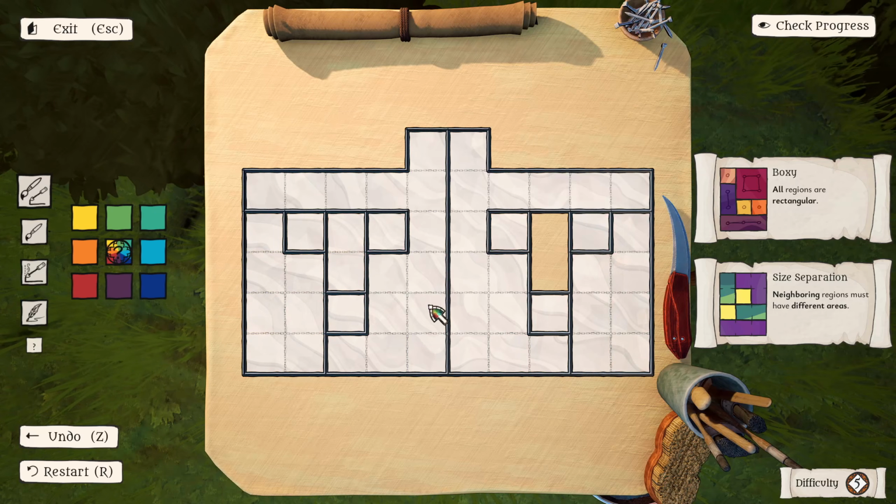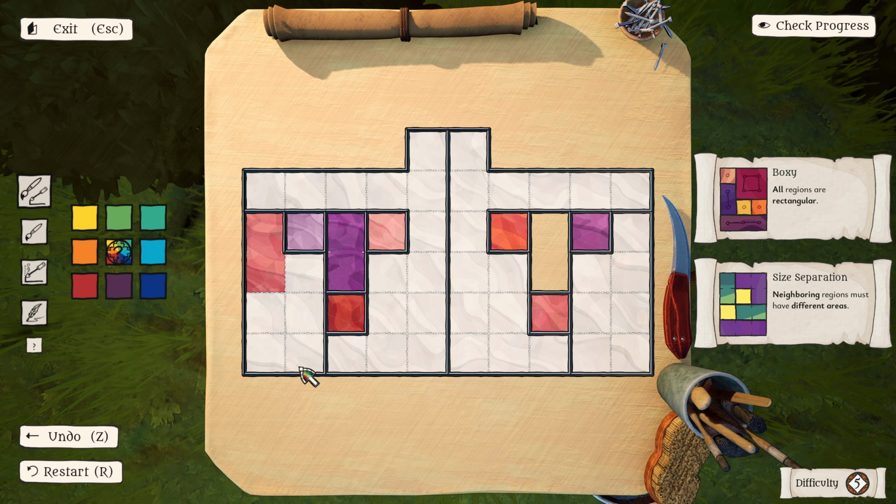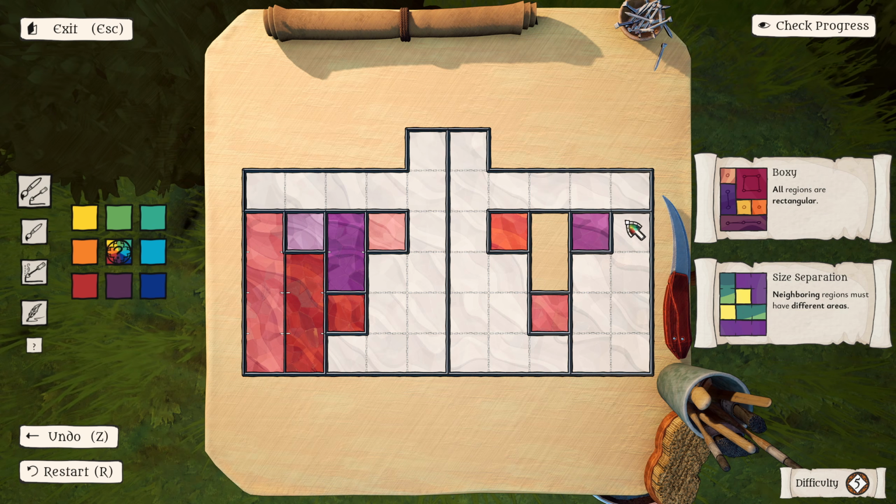Well, it's not very hard to get back to where we are right now. This cannot be a 1. This cannot be a 1. This cannot be a 2. This can't be a 2 and a 2. It must be this. Is that definitely true over here? This can't be a 1.